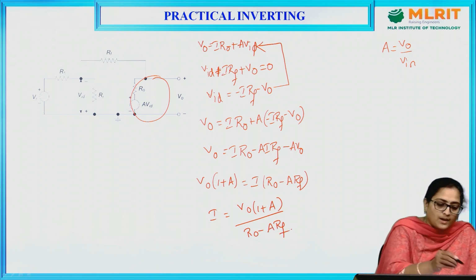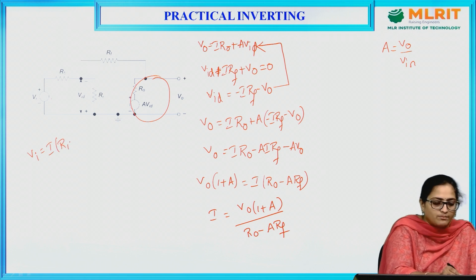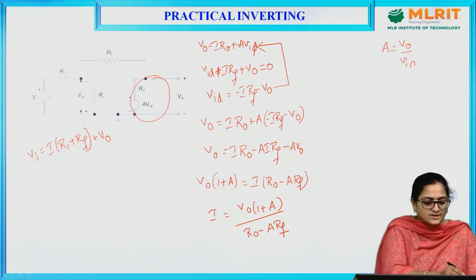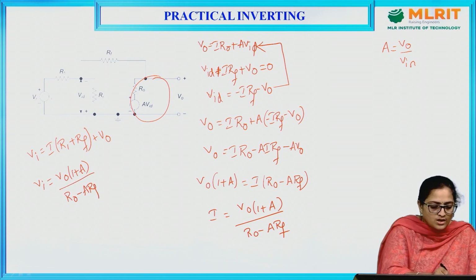Now, by applying KVL across this arm, you can write this expression as VI is equal to I into R1 plus RF plus V0. Substitute I in this expression, you can write VI is equal to V0 into (1 plus A) divided by (R0 minus A into RF) into (R1 plus RF) plus V0.